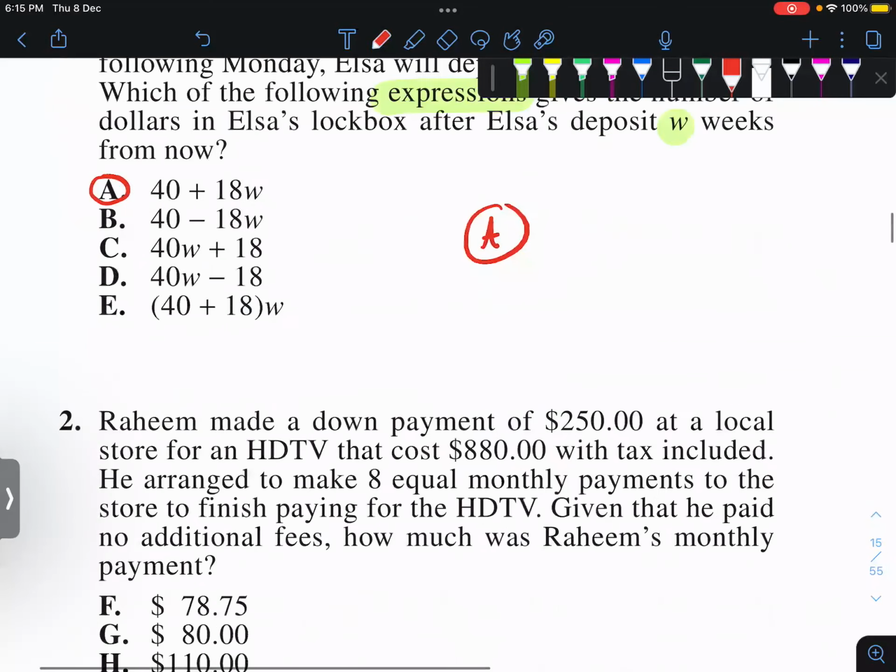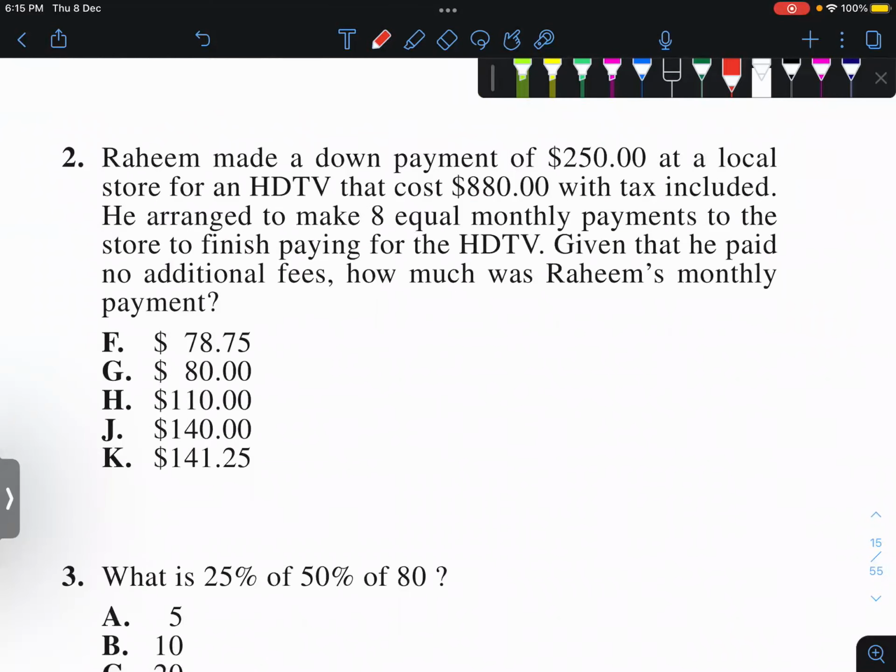Next question. He made a down payment of $250 at a local store for an HD TV that costs $880. Okay, he deposited first $250. Okay, with tax included. He arranged to make equal monthly payments to the store to finish paying for the HD TV. Given that he paid no additional fees, how much was Rahim's monthly payment?